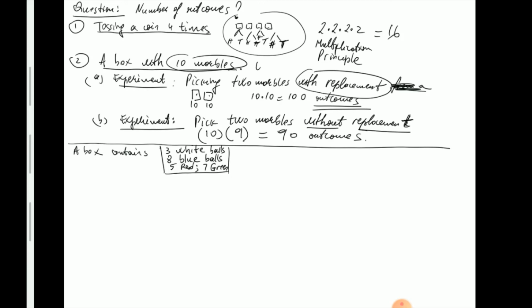Okay, so just imagine that they're all mixed up. 3 white, 8 blue, 5 red, and 7 green. And then the experiment is a ball is picked at random.